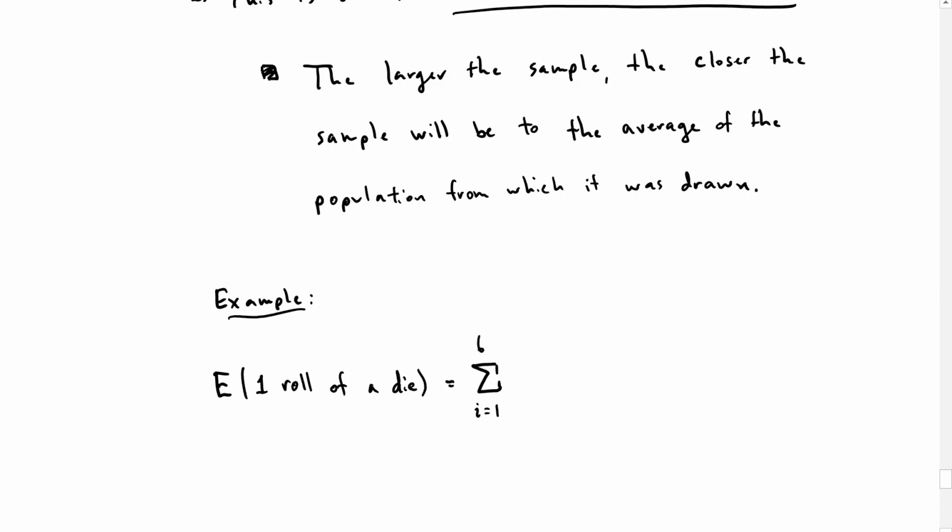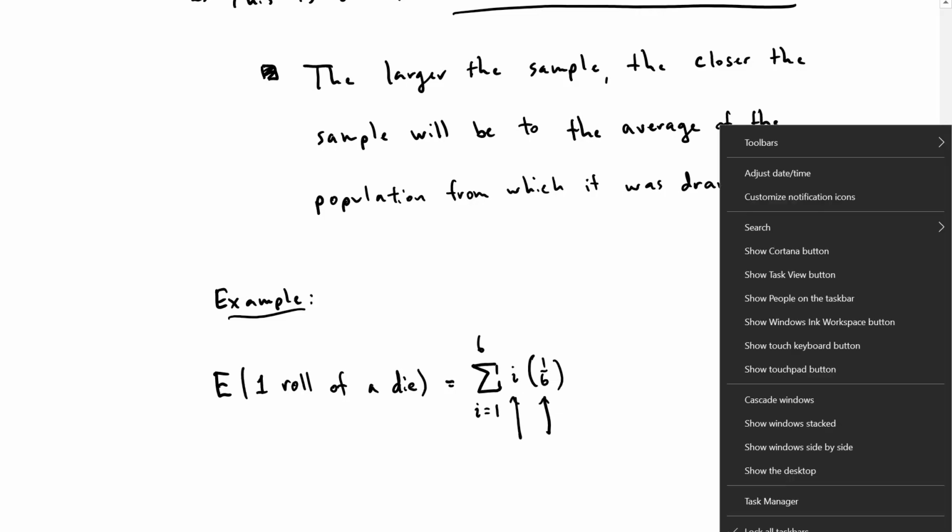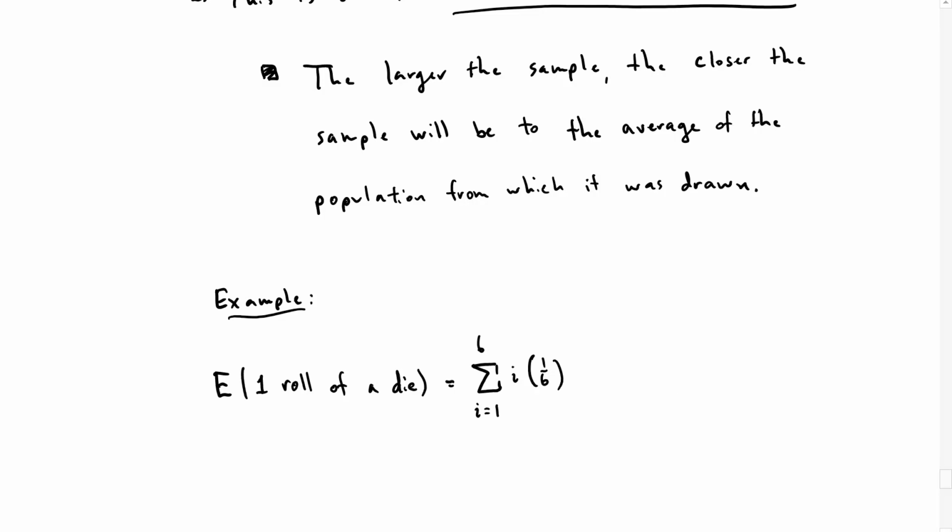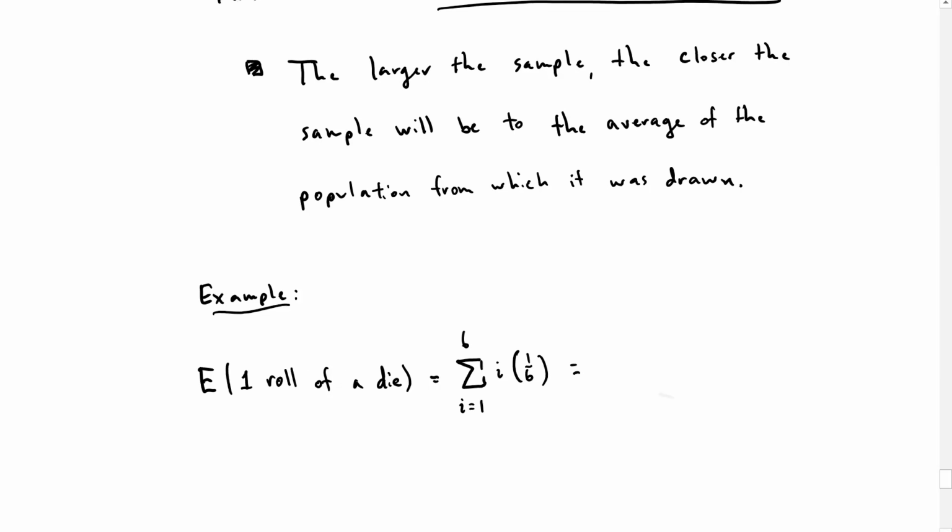So we have sides 1 through 6, and any individual side has a probability of happening of 1/6. So you have the event times its probability, and if you add up all those, you get the expected value.